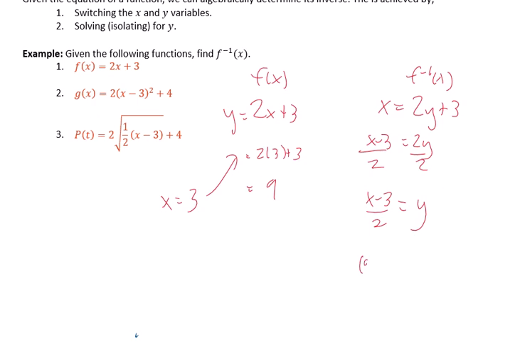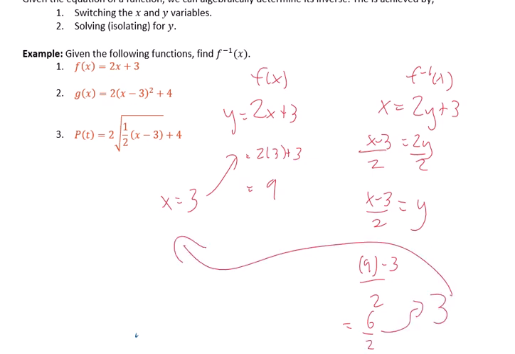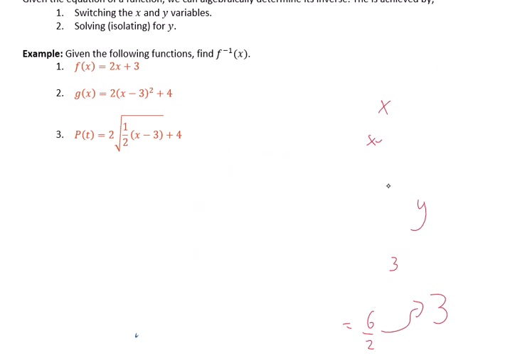So we get 9 minus 3 over 2. That gives us 6 over 2, and that gives us 3. And that's what we started with. So this is what an inverse does. It gives us our input given an output. It's the reverse.